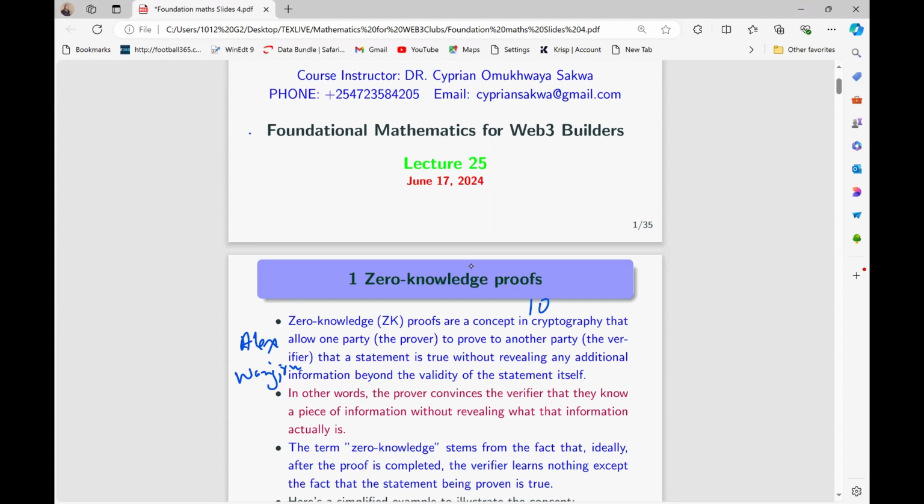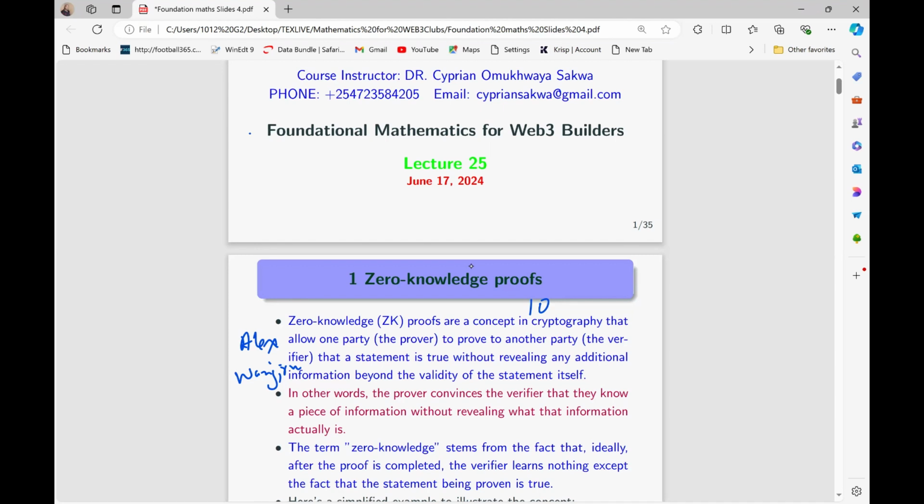Wanjiru did not say how many leaves Alex plucked, but she has the ability to tell how many leaves are on that tree. She had looked at them and seen how many they are. So Alex has plucked 10 leaves without Wanjiru seeing, and then he asks Wanjiru, how many leaves have I plucked from this tree?